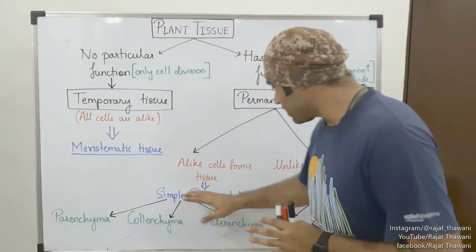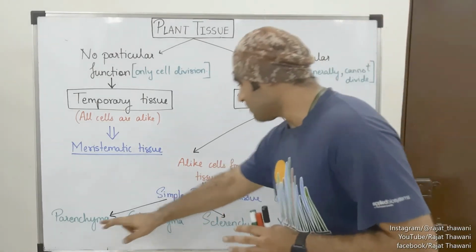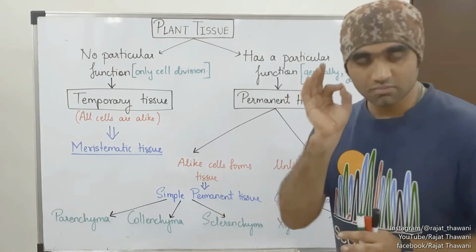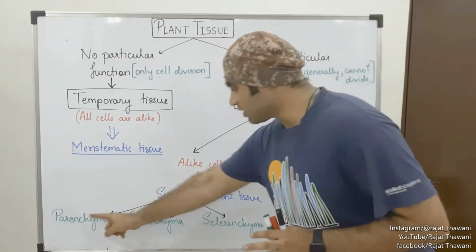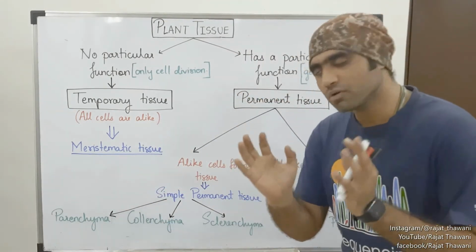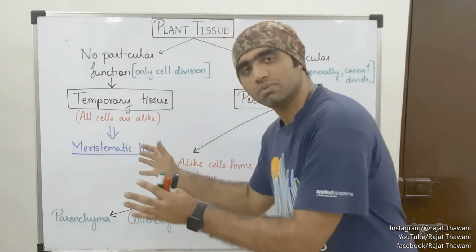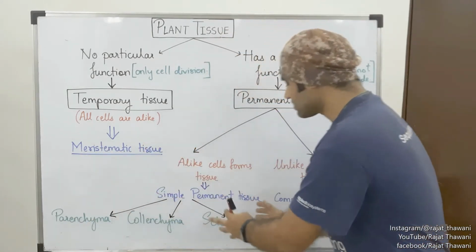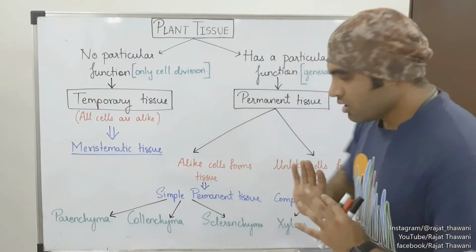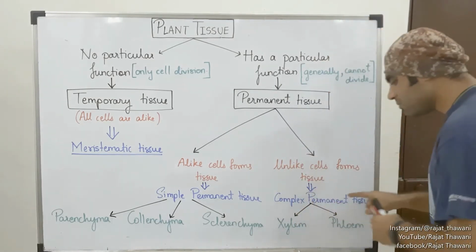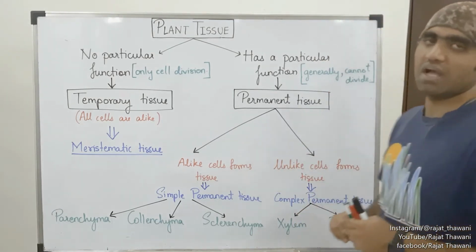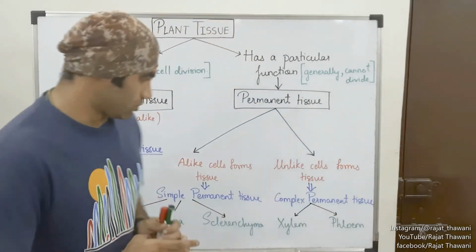Okay, so simple permanent tissue are of three types: parenchyma, collenchyma, sclerenchyma. Remember this, that each of the tissues will have similar type of cells in their bunch. Parenchymatous cells will be similar, collenchymatous will be similar, and sclerenchymatous cells will be similar. Okay, however, when we come to complex permanent tissue, we can see xylem and phloem as two different tissues.